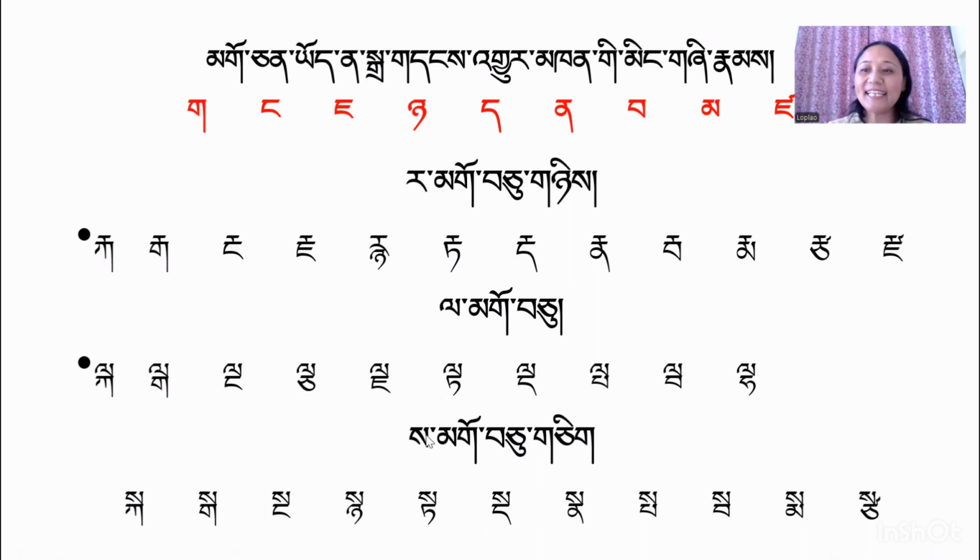And then next one, Sa head letters. Sago Jukjik, 11 Sa head letters. So first one, Sa Kata Ka. Next, second one, Sa Kada Ga.